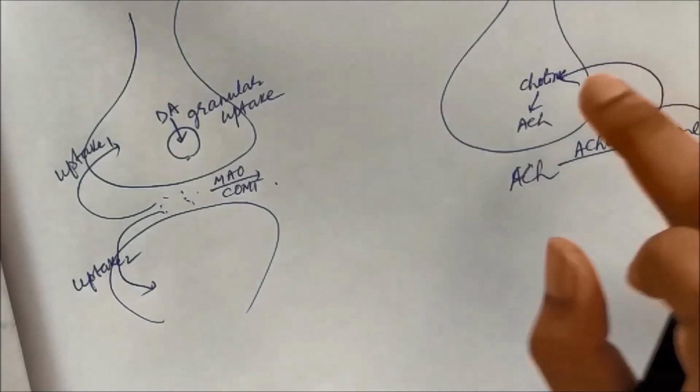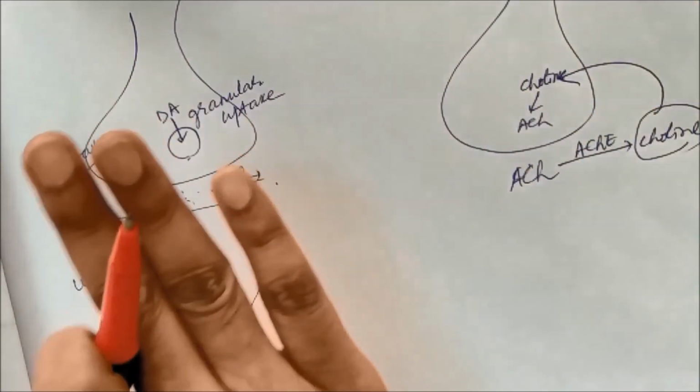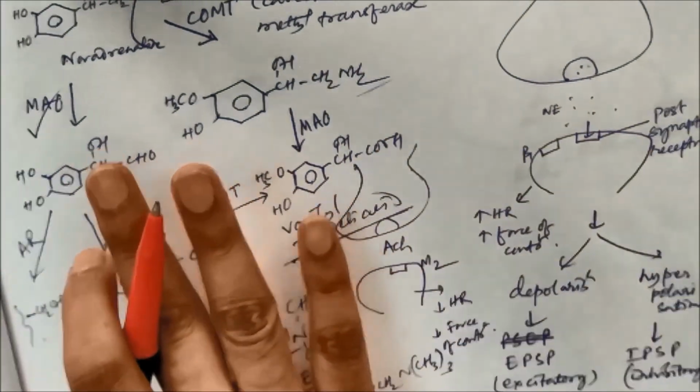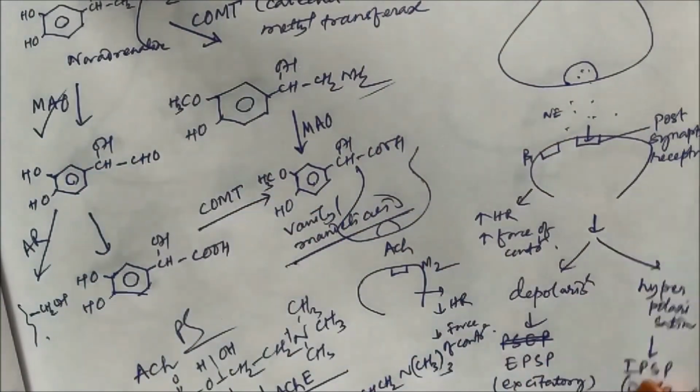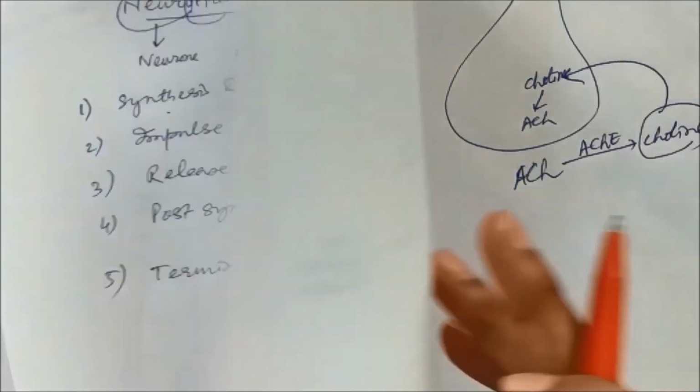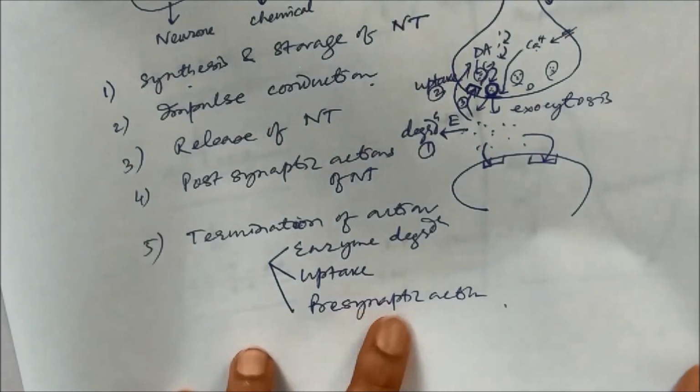So here there will be no termination. Termination of action in sympathetic and parasympathetic is done by enzyme degradation, and uptake only in case of sympathetic, and presynaptic action for both sympathetic and parasympathetic.